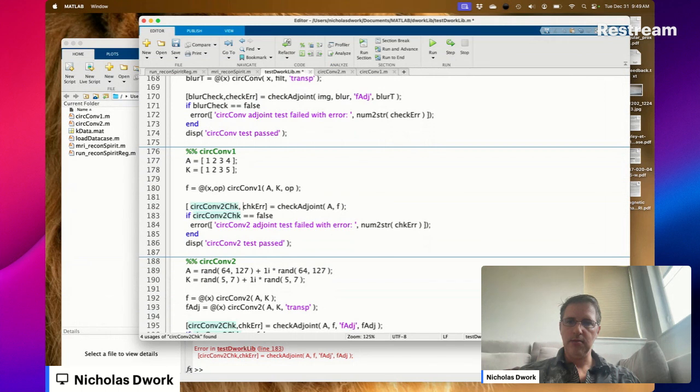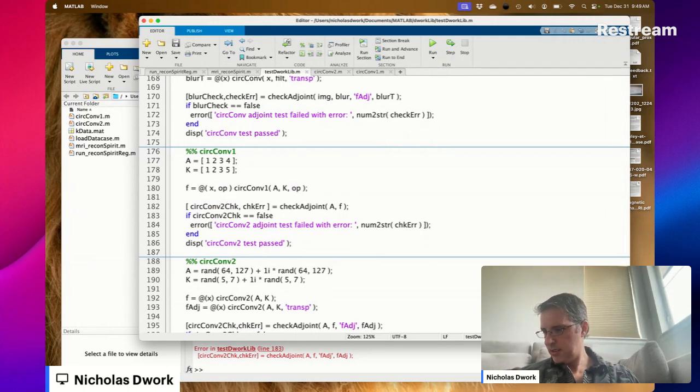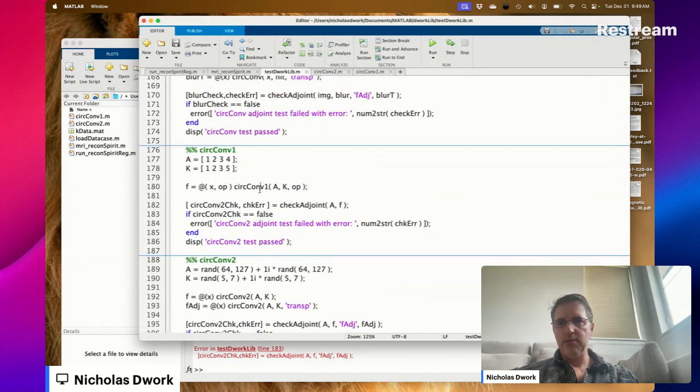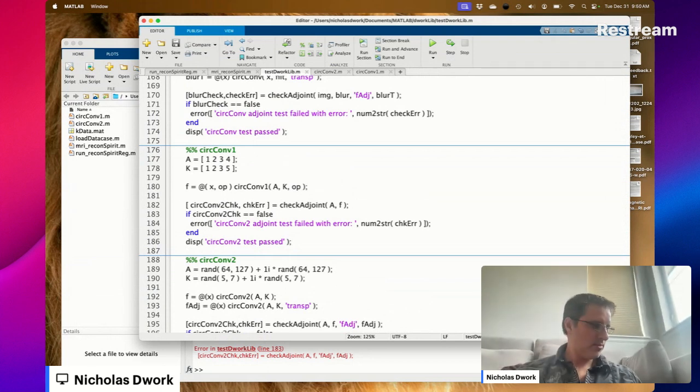This check adjoint function, which I created, is in the worklib library, and accepts two functions that each accept one argument. For circular convolution, I really like using the FFT. The screen is small. So I'm trying to use the FFT, yes. And I'm trying to check that circular convolution and its adjoint satisfy the property.